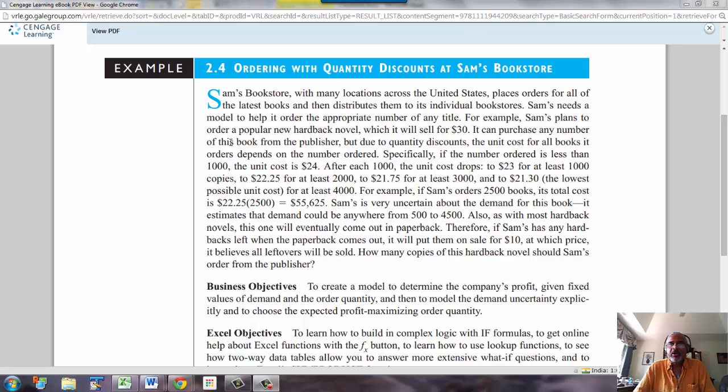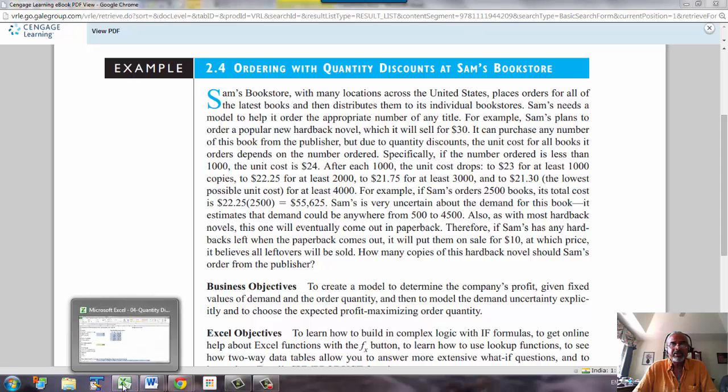Now the selling price is $30 a copy for the hard copy. And once the paperback comes out, when the demand for hard copy will go down, they'll have to sell it at $10 a piece. So this is the setup, and we want to set the model up and do some what-if analysis, that kind of stuff. So let's go to the Excel file.